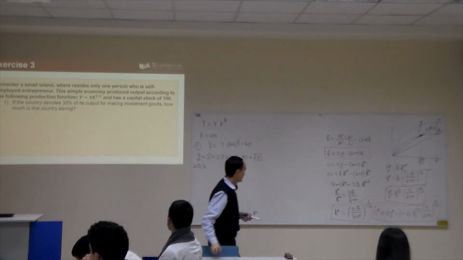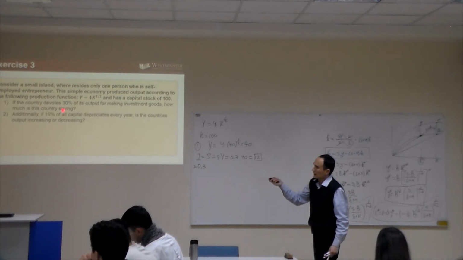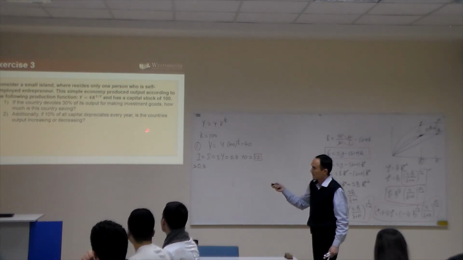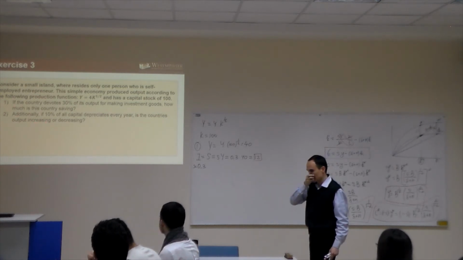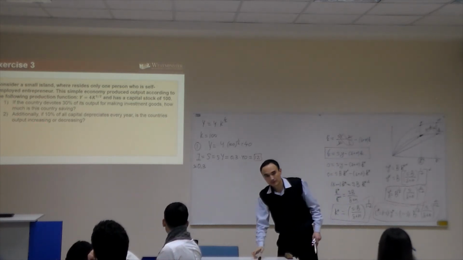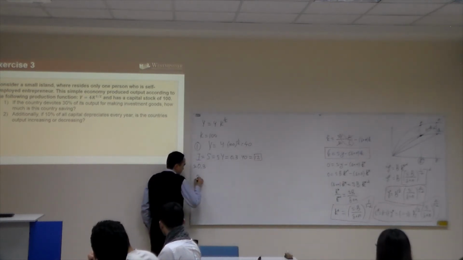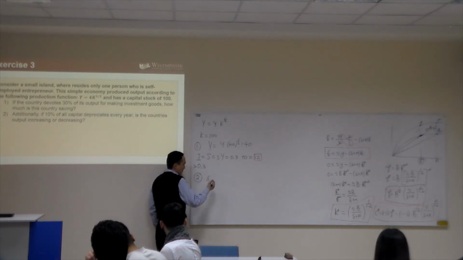We found next. Additionally, if 10% of all capital depreciates every year, is the country's output increasing or decreasing? So number 2 tells us what depreciation rate for Robinson's capital is.